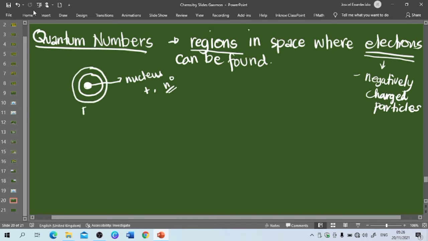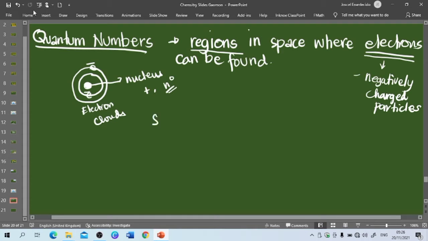Particularly, outside the nucleus of the atom is where the energy levels, the sublevels, and the orbitals are located. So these are the portions where electrons are specifically located.